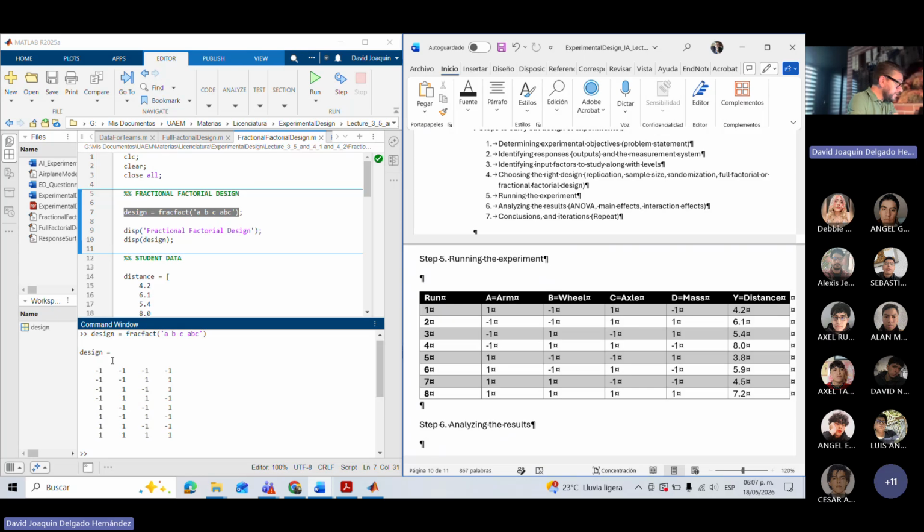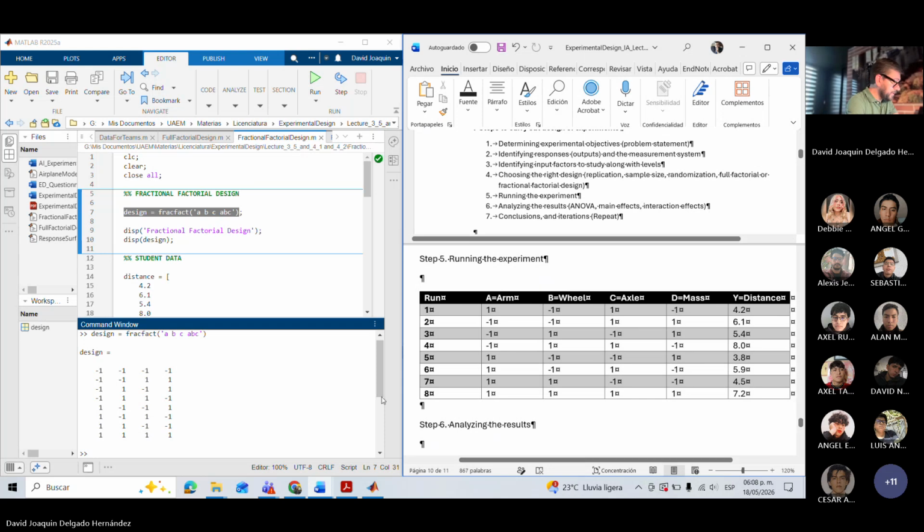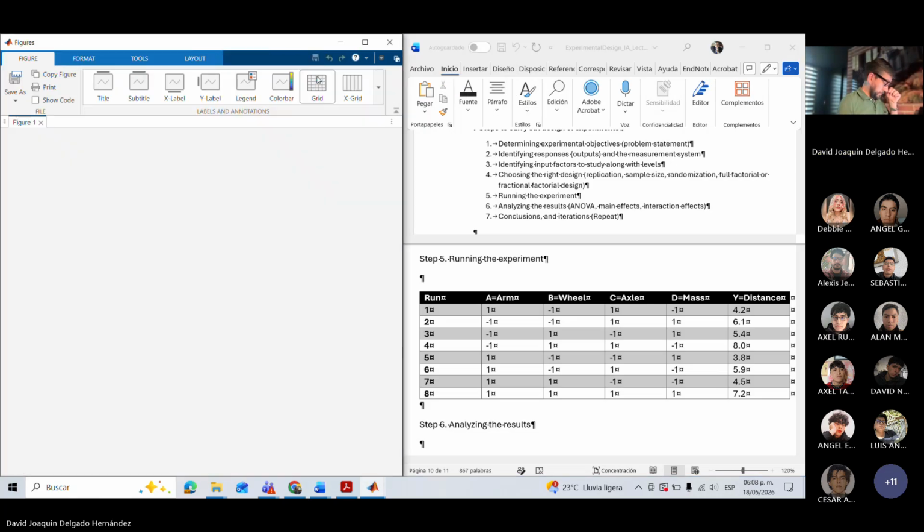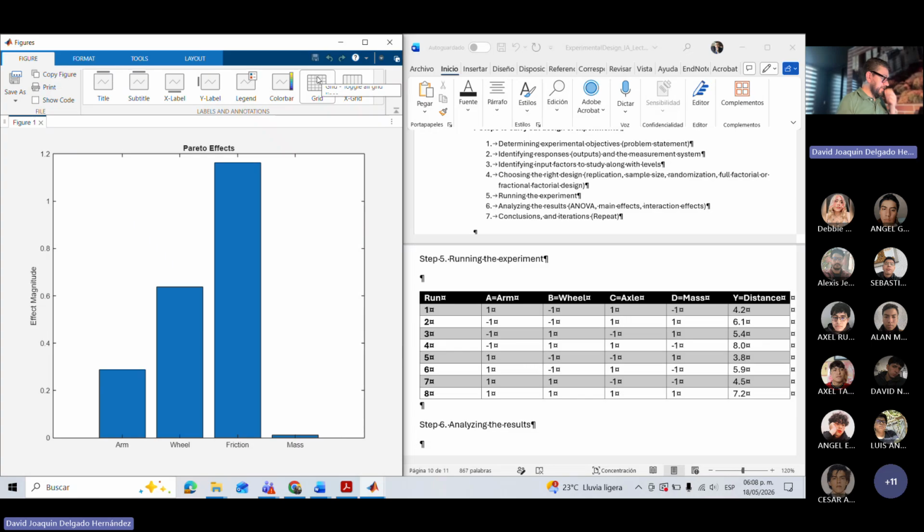If you compare this design, the command fact allows us to create this table automatically in Matlab, because this is a library that Matlab already has. So let me run this routine.